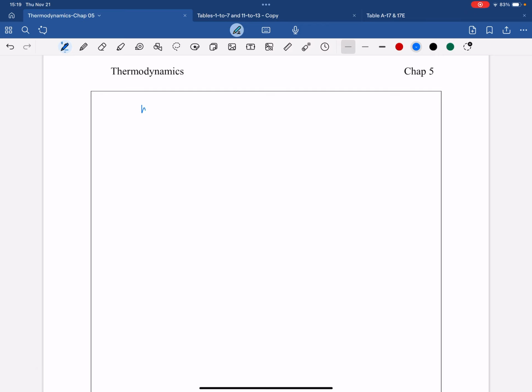So we need h1, h2, and h3. For inlet 1, which is a steam inlet, let me put inlet 1 here so that we know we are working on the steam at T1 equals 300 degrees Celsius, P1 equals 0.2 megapascal, based on those two given conditions.